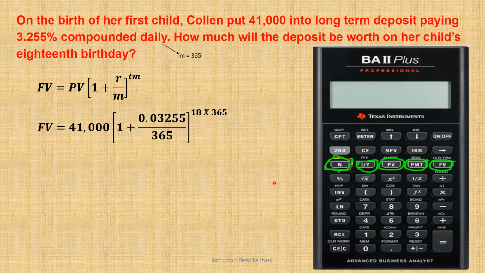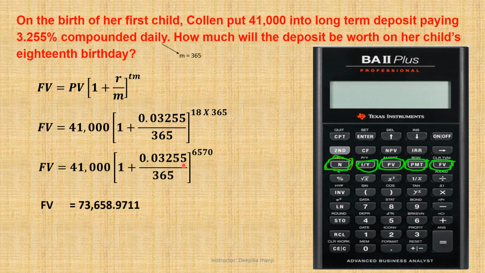Okay? And then press equals. Whatever the screen shows, times it by 41,000. Right? Okay. So that will give you the solution of future value. Consider 4 or 5 digits after the decimal and then round off the second digit after the decimal to get the cents.